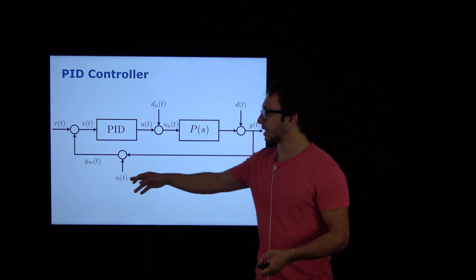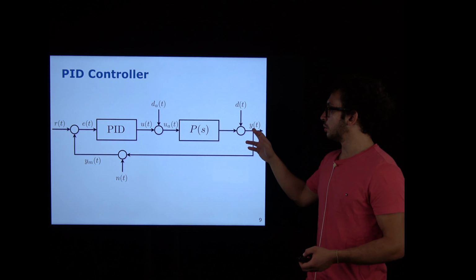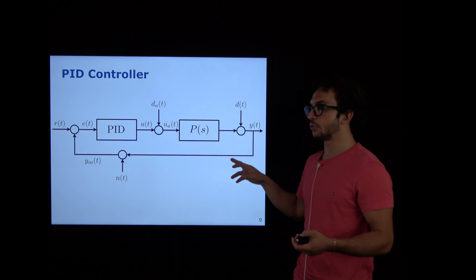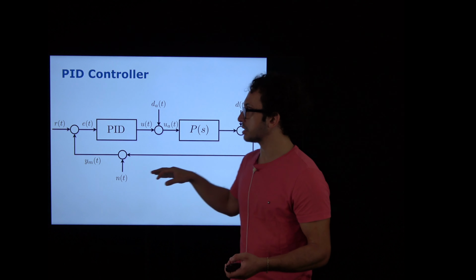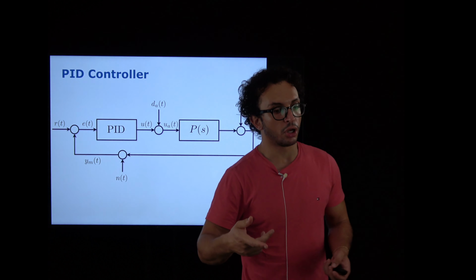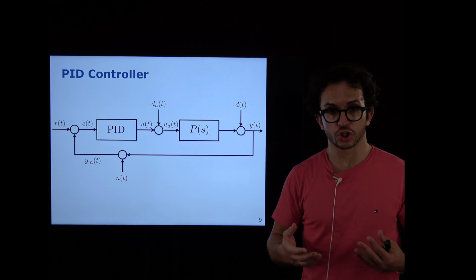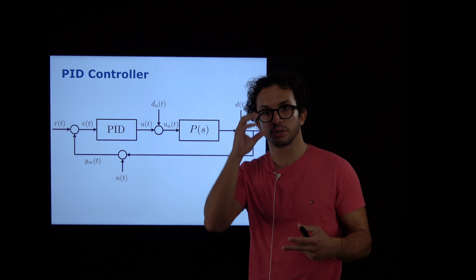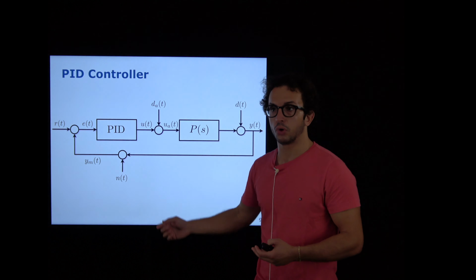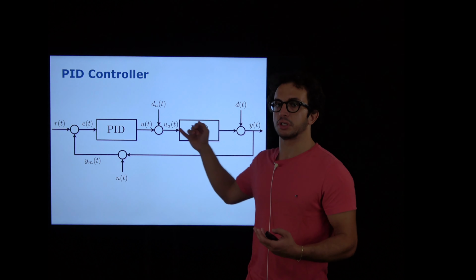And then I added something else here, because we always said there isn't the output. The output is something that we want to have as close as possible to the reference, and so we need to measure it. Well, this action of measuring the output means that there has to be a sensor in here which is able to measure this output.